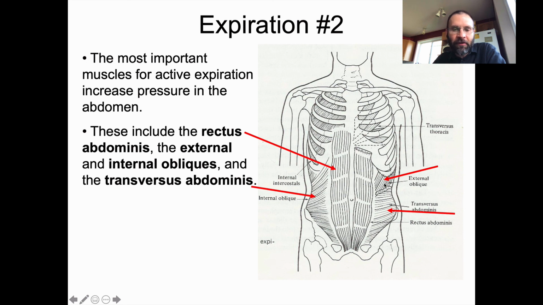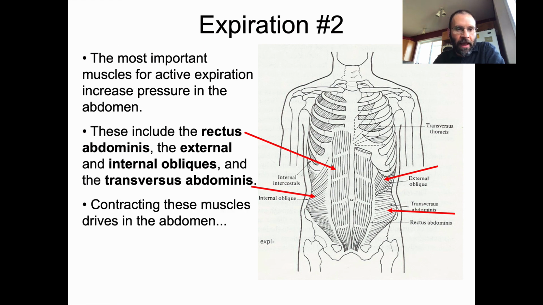If you contract all of these, it's compressing the volume between your ribs and these other bony structures at the bottom of the torso, like your hips. And if you contract the one that wraps all the way around, obviously that's going to make everything smaller in both dimensions.